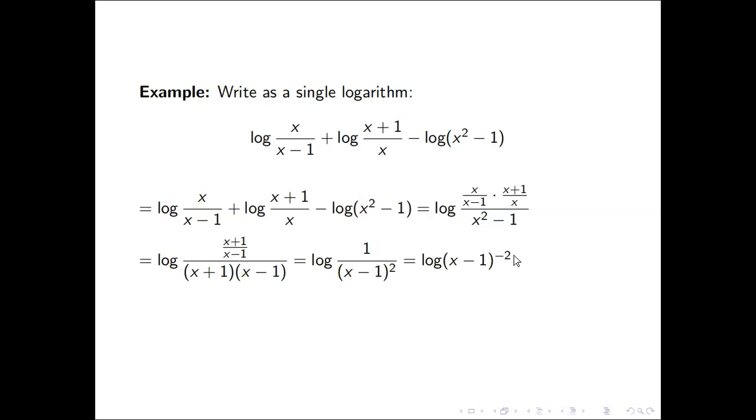So to the negative 2 is the same as over square. And why did I do it this way? So that I can just drop that down using property 3. So we have negative 2 logarithm of x minus 1, a single logarithm of the factor or factors present. So we have this as the final answer.